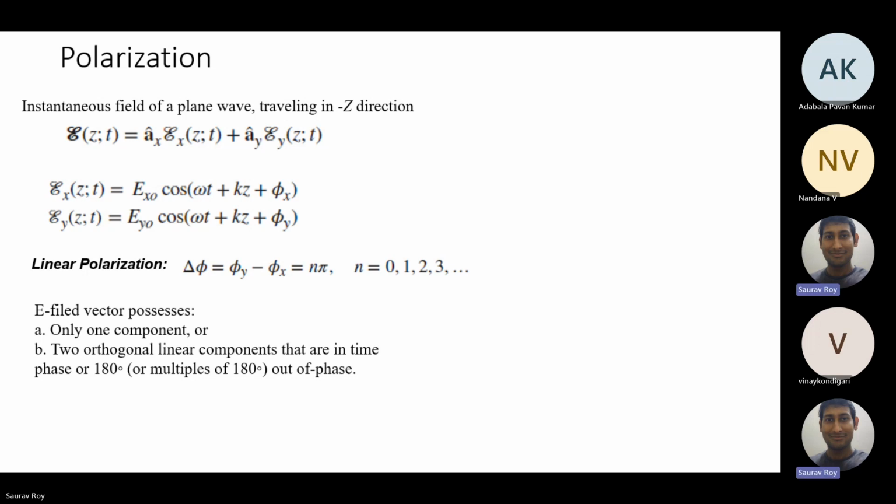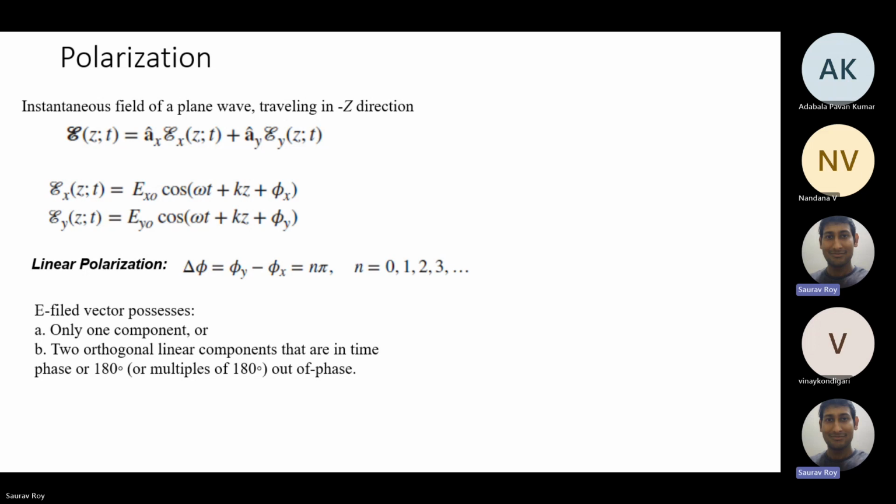Yes. So now, when will it be linear polarization? When this difference in phase is given by n pi. It is n pi, meaning you don't have only pi; n will be 0, 1, 2, multiples of pi. And that says the E field vector possesses only one component.